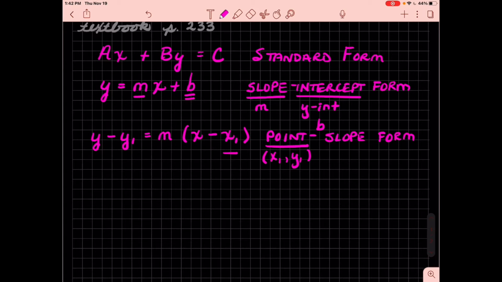It's not the number that the x is. The x isn't necessarily negative. In fact, it's probably not if you have a minus there. And there's your y1. So we have a point. Let's say it's like the point (2, 3) or something like that. And those numbers will appear here in this equation. The x and the y are the variables that are there no matter what.